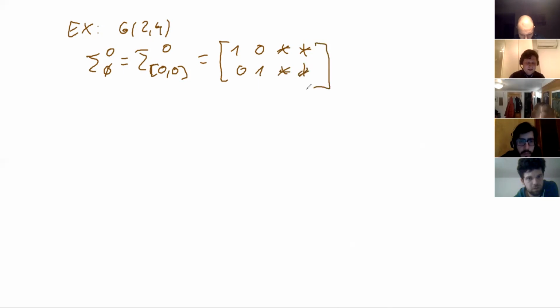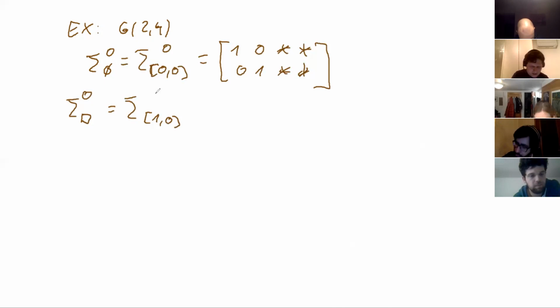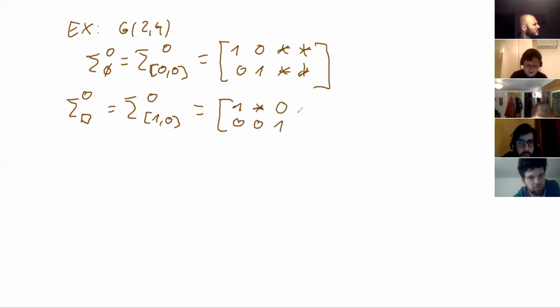Now, another one is where we take a box, or formally we take 1, 0, open cell. This tells us that the first you don't shift, but the second one you shift by 1. Here we have an arbitrary thing, here we have 0, here we have an arbitrary thing.